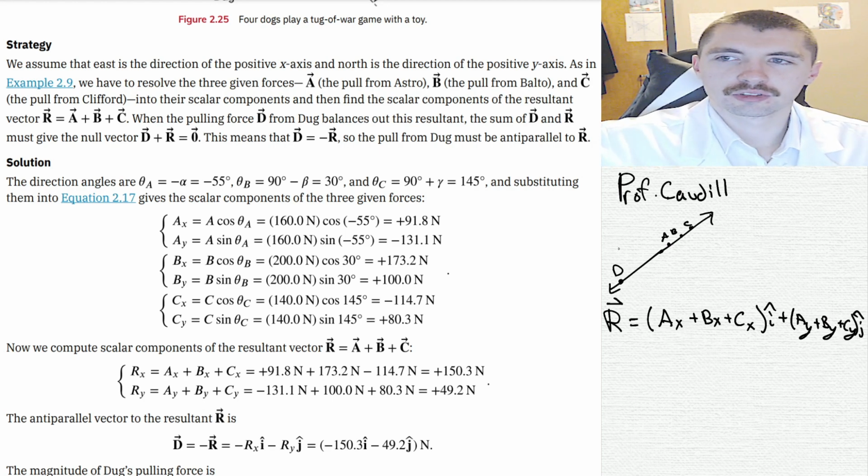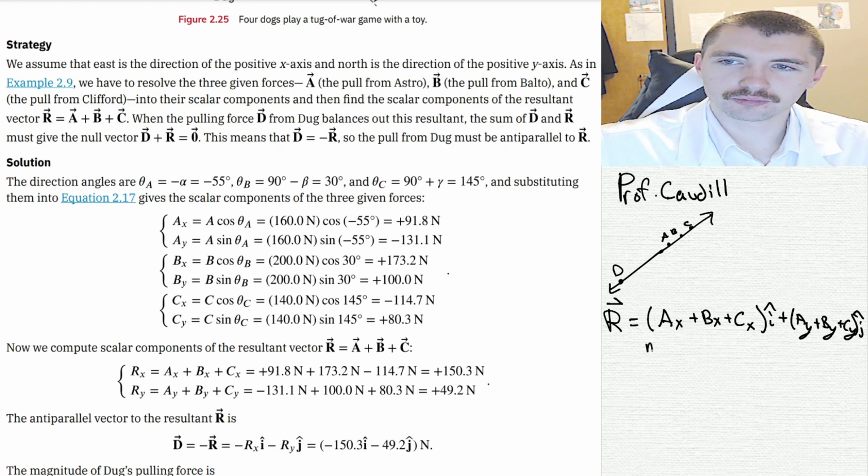So you're basically taking magnitude times cosine angle for all values.